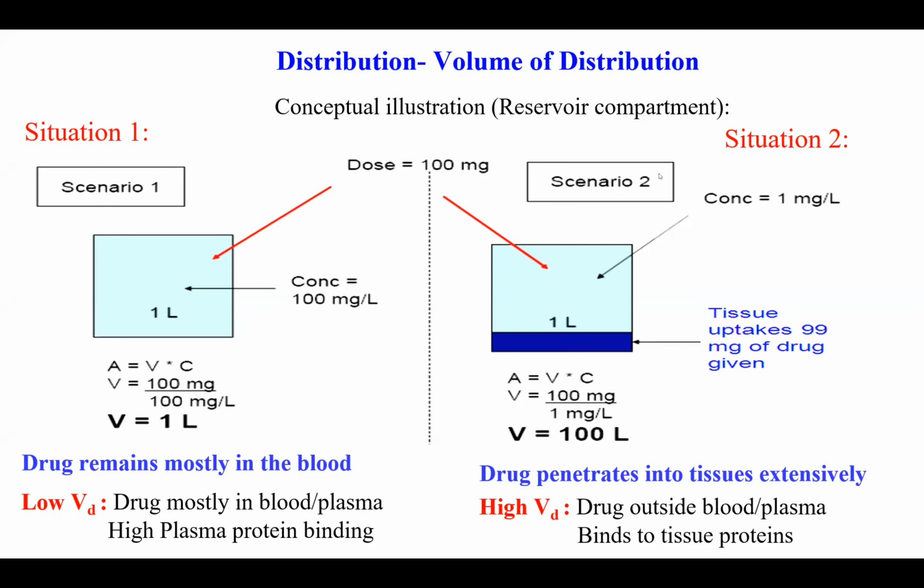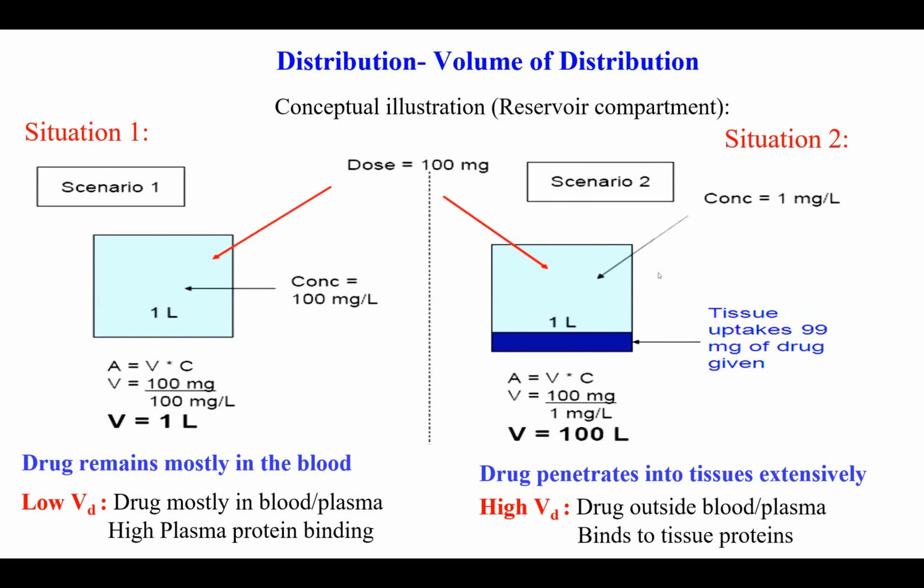Now, here's another scenario of the drug. We administer the same dose, 100 milligrams, but the measured plasma concentration is just 1 milligram per liter. If you compute for the volume of distribution, we get a high one here, that's 100 liters.